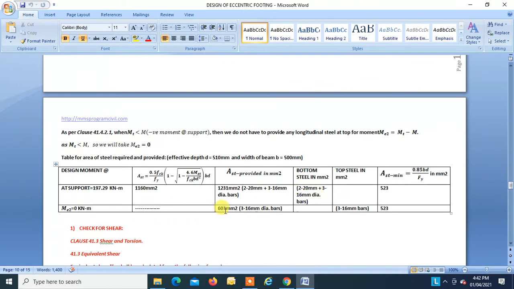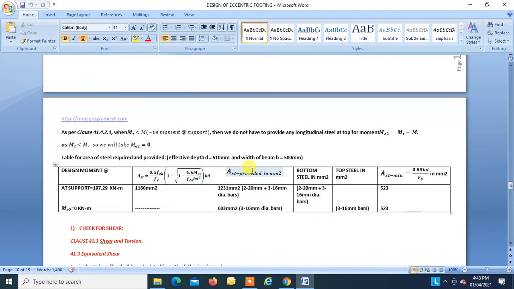At top we will provide 603, that is 3 numbers of 16 mm dia bars, which has to be greater than Ast minimum. Ast minimum is found by this formula, 0.85 bd by fy, and is found to be 523. We are providing 3 numbers of 16 mm dia bars whose area is 603 mm square, which is greater than 523 mm square, so it is okay, right?